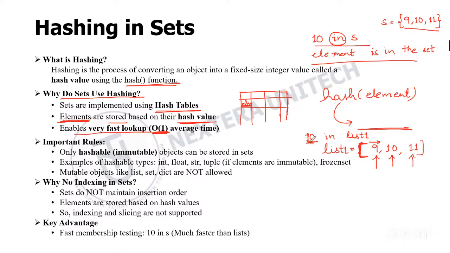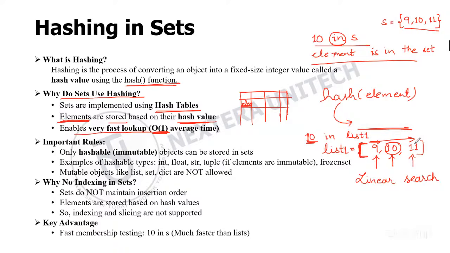So 10 is the element I want, right? First it will check 9. 9 is not 10. Then it will move on and check 10. It found 10. In that way, it checks elements until it finds the element. This is called linear search, checking all the elements from beginning to ending.